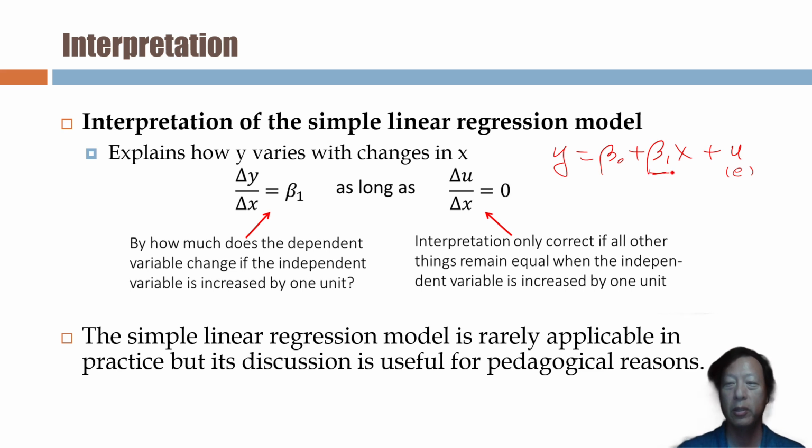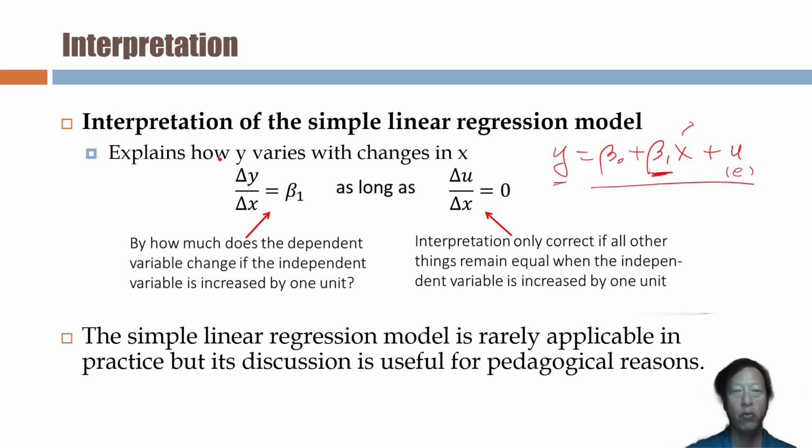So this is our slope. When x increases by 1, how much does y increase? That's basically beta 1. That's the slope of the line, and that's the definition of slope. How much y will change when x changes by 1? Okay.